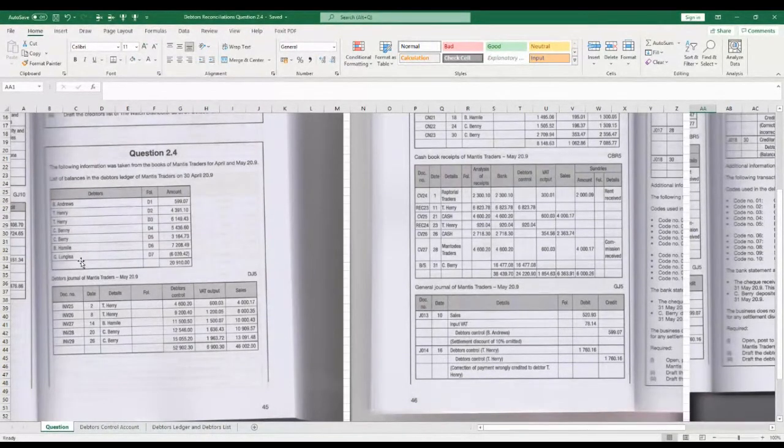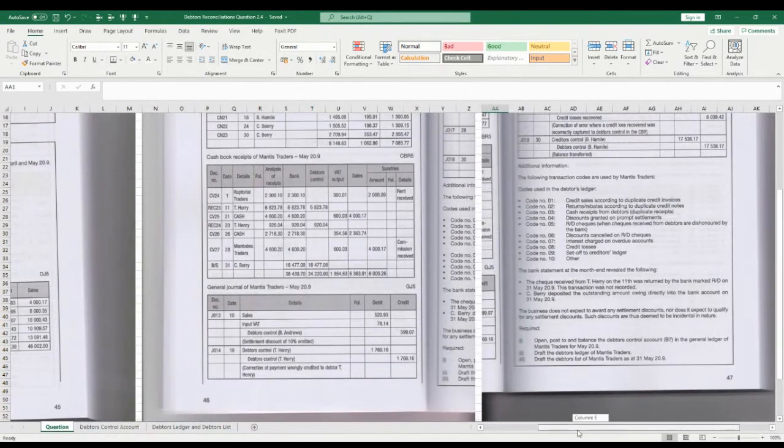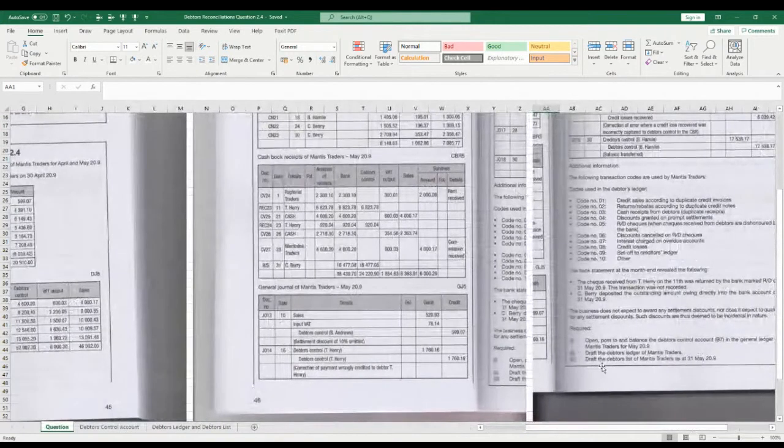Because this is quite a long example, I'll show you the first three and then we'll do the last few together. And then the last one is draft a debtors list. You can only draft the debtors list once you finish step 2, which is the debtors ledger.